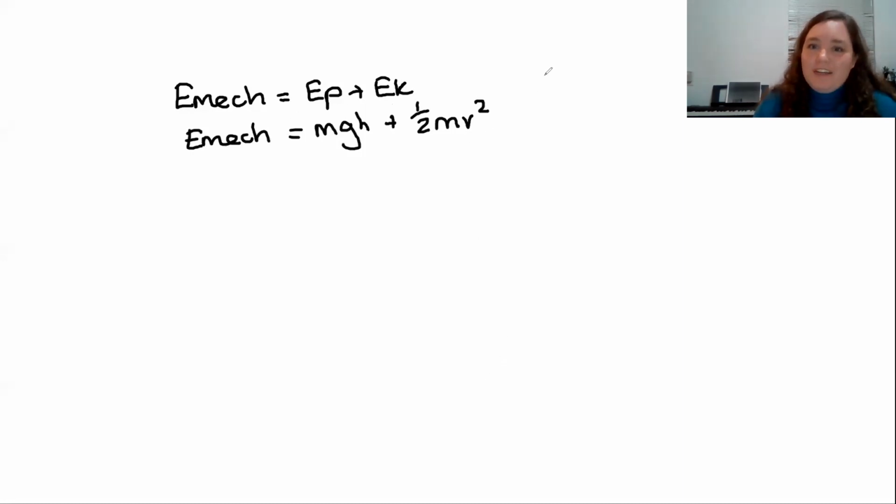Now, I run a bit of a weird analogy with this one. Sorry if Alex is watching. But with this, I consider it a little bit like I've got a total amount of money. Some of that money may be in my bank account, and some of it may be in cash in my wallet. So if this is the fixed amount of money that I have, let's say, for example, I've got 2,000 Rand. And we start off, and I've got everything in my bank account and nothing in my wallet.